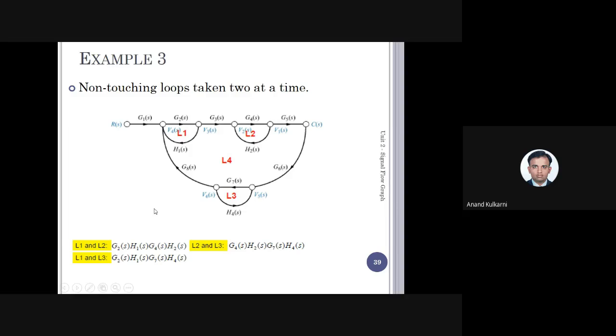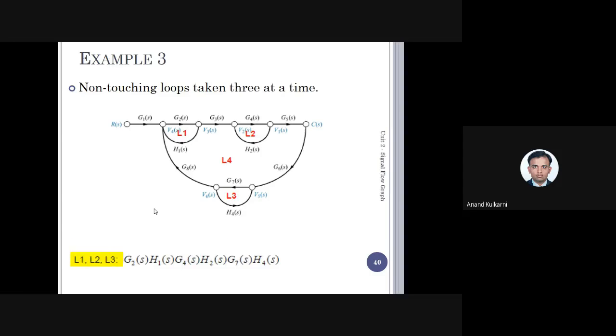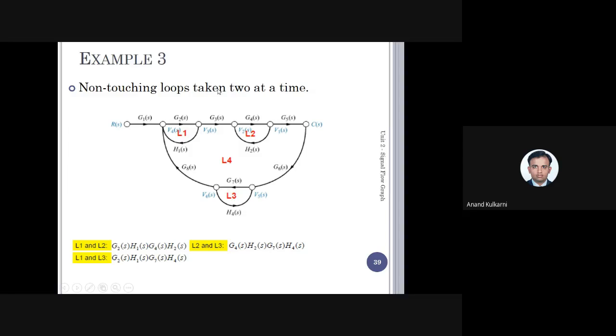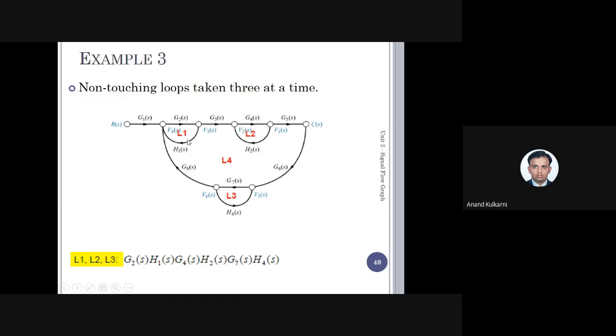Similarly, we have one more: non-touching loops taken 3 at a time. Here L1, L2, and L3 again are loops which are not touching each other.